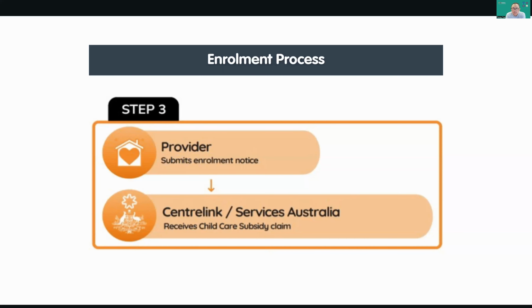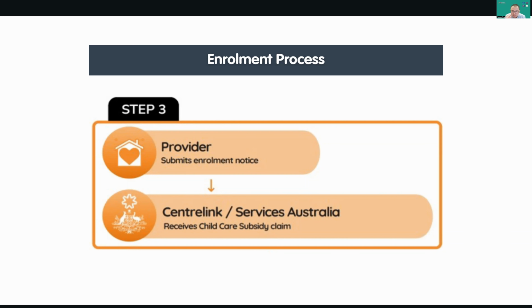That means sometimes the primary carer listed with you is not the one listed with Centrelink, so sometimes we have to switch those two around. You do need the CRN of the other guardian or parent in order to create a new enrollment notice. Typically this can hold up CCS from being approved because they've gotten mixed up about who's the registered primary carer with Centrelink.